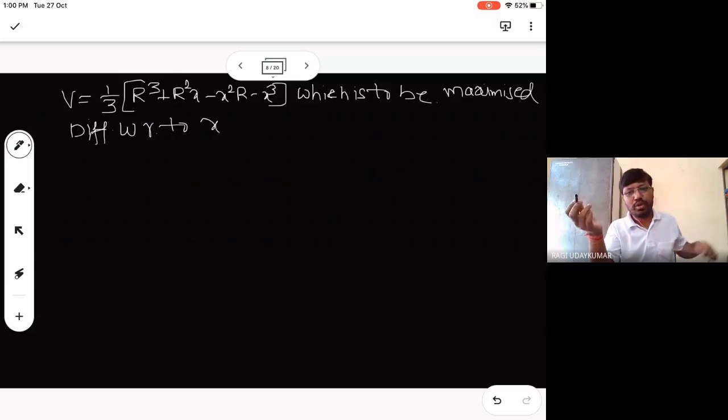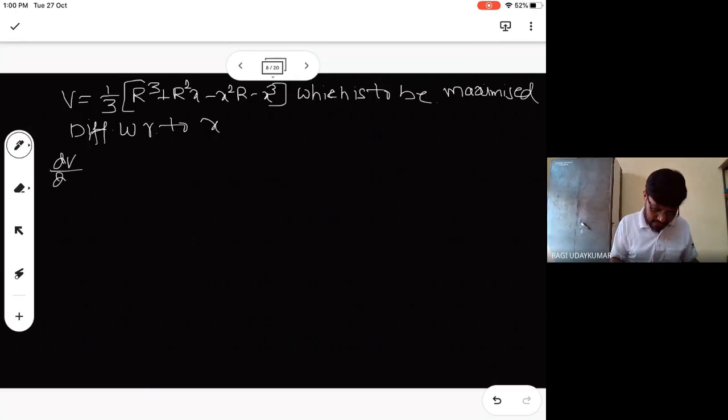Even in the previous problem, whenever you see that surface area is given, that is fixed. Fixed is nothing but we do not change it, it remains as it is. So we have to do dV by dX is equal to differentiating. 1 by 3, that becomes 0, plus R square, minus 2XR, minus 3X square.